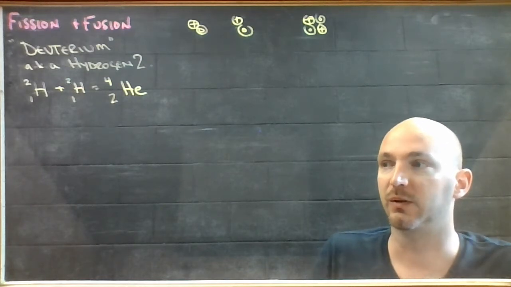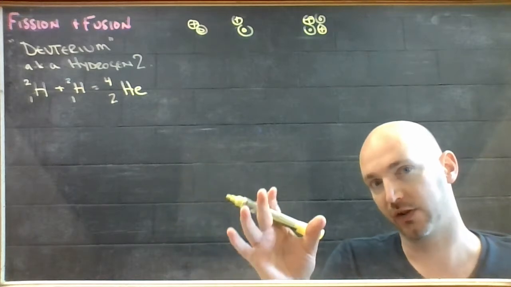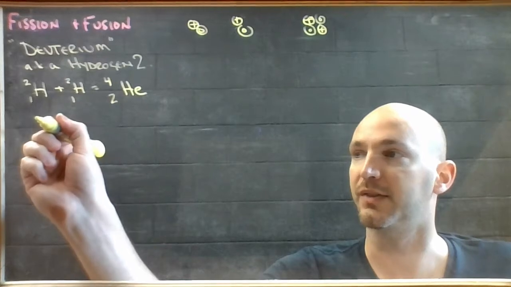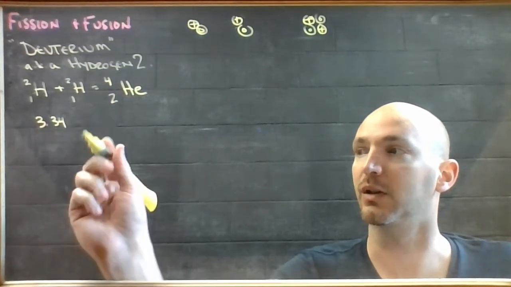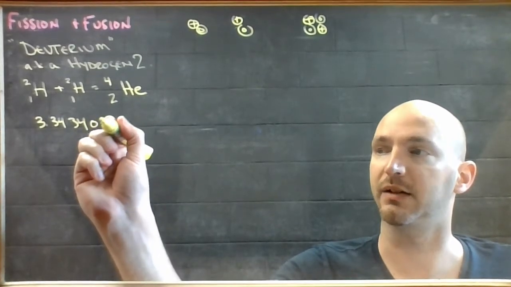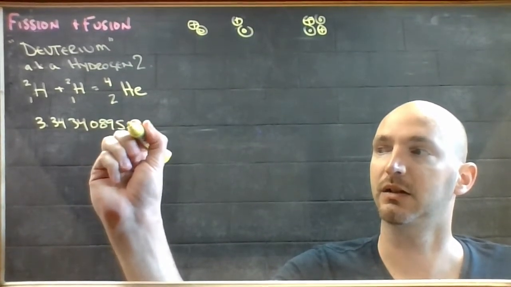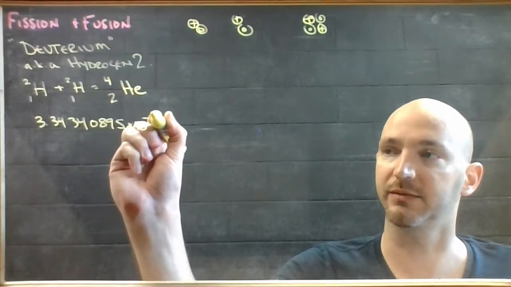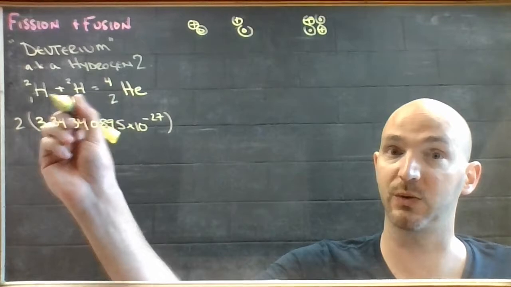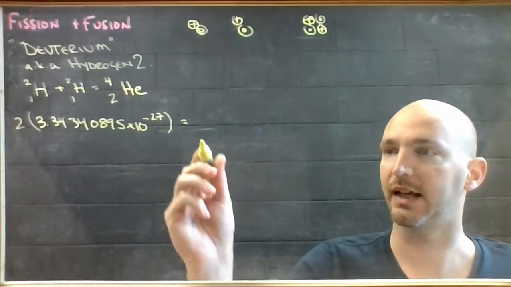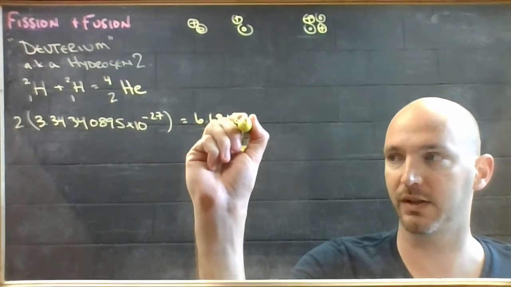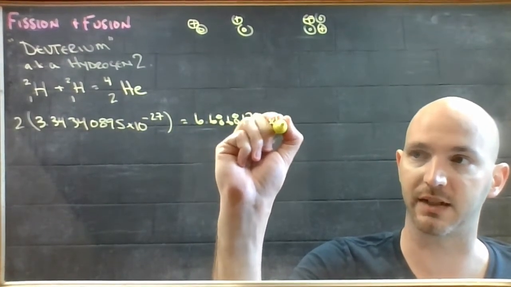Okay, so if we try this calculation the other way around, I'm going to take the mass of deuterium, which was 3.340895 times 10 to the negative 27, and I'm going to double that because I have 2 of them here, and that's going to give me a total of 6.6868179 times 10 to the negative 27 kilograms.